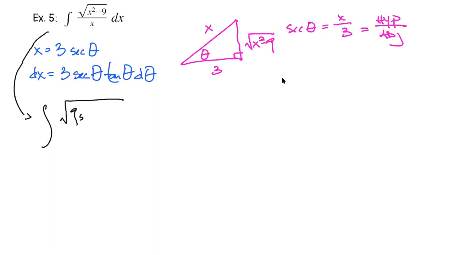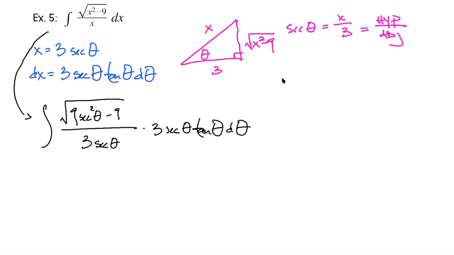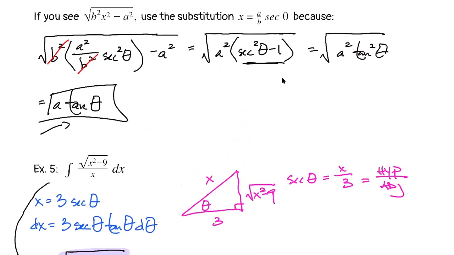Nine secant squared theta minus 9 over 3 secant theta times 3 secant theta tangent theta d theta. Now, this is under a square root, and it looks pretty much like this.